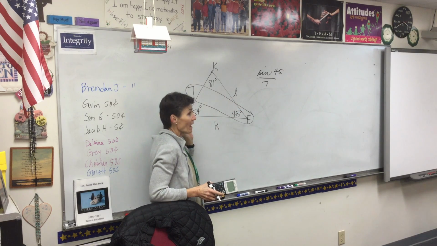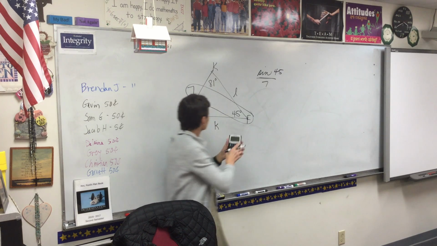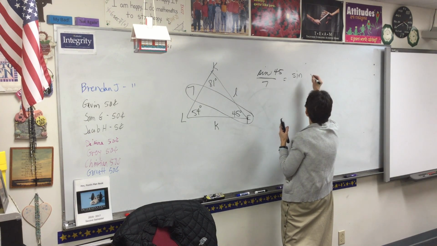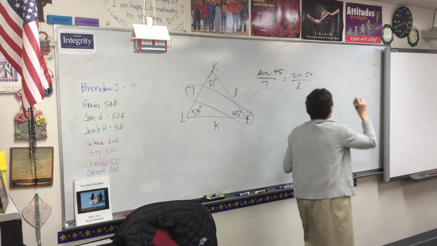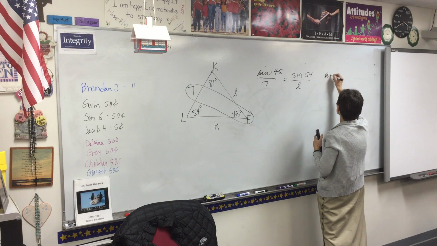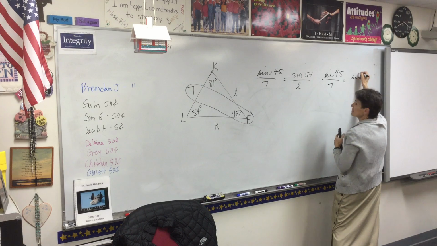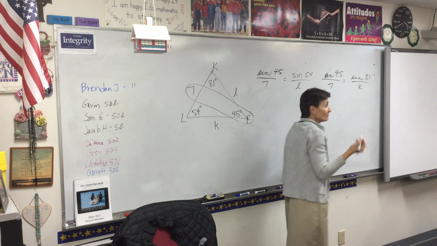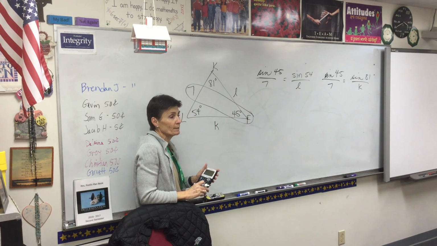Now, it doesn't matter. You're going to have to do them both. So what do you want to say? Equals sine 54 over L. Now, we are going to have to also do sine 45 over 7 equals sine 81 over K. You have to do them both. The order that you do them does not matter one bit.